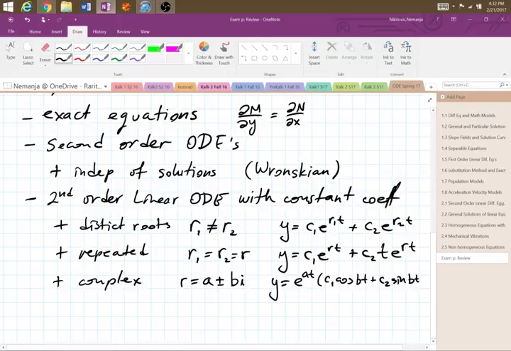Much better. So that's the constant coefficients, and that leads us into the last section, which was just mechanical vibrations. So, a word problem again.